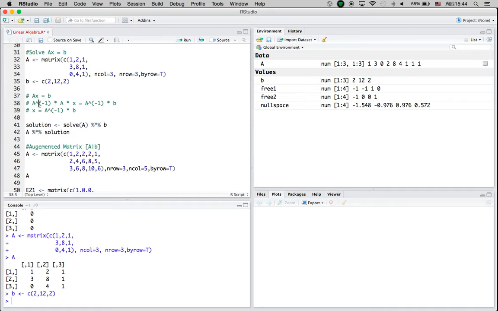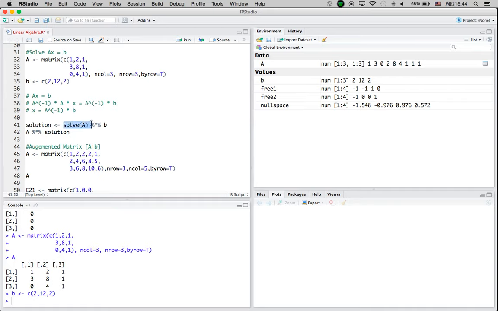So inverse of A multiplied by A multiplied by x is equal to inverse of A multiplied by b. And inverse A times A is just the identity matrix, so the left hand side is left with x, and the right hand side is just A inverse b.